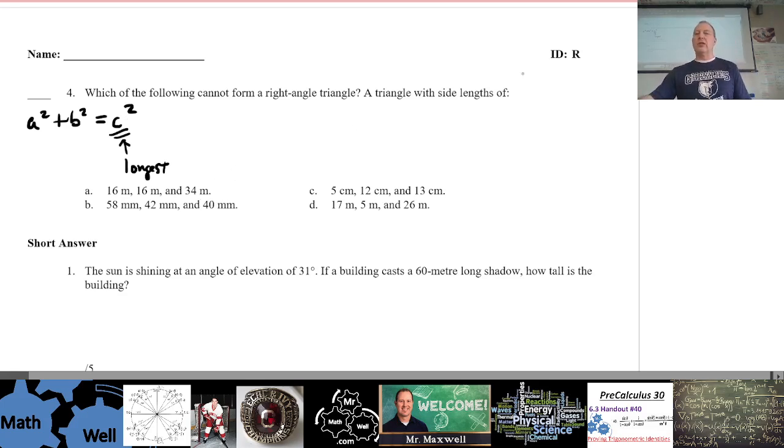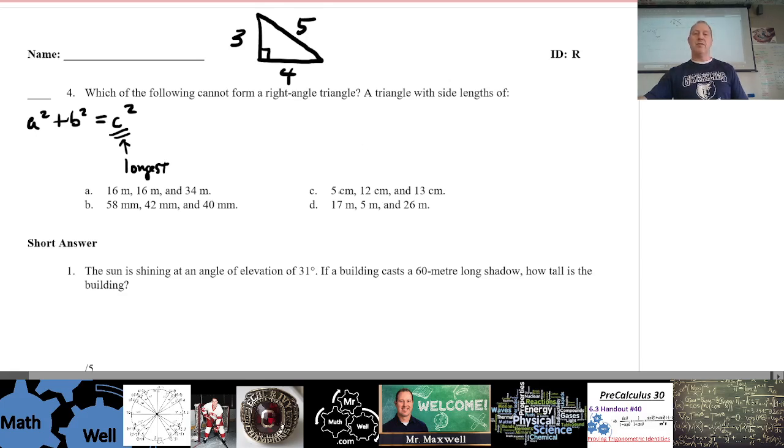So what you could do is check to see if these numbers fit with this equation. The other thing you might want to remember is there is a typical right triangle, 3, 4, 5. That's a right triangle with side lengths 3, 4, and 5. That's an easy one to remember, 3, 4, 5.